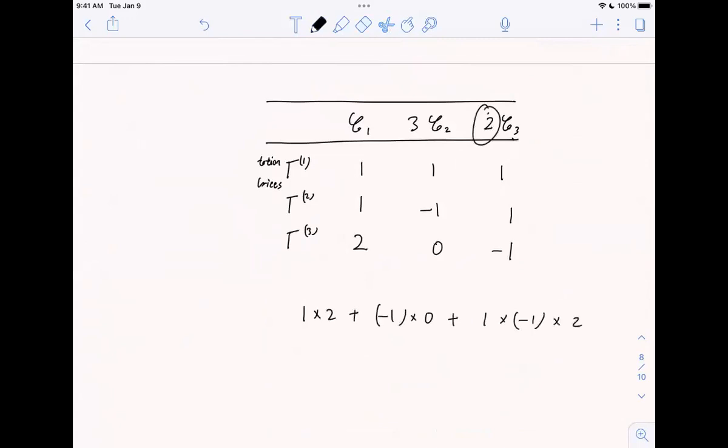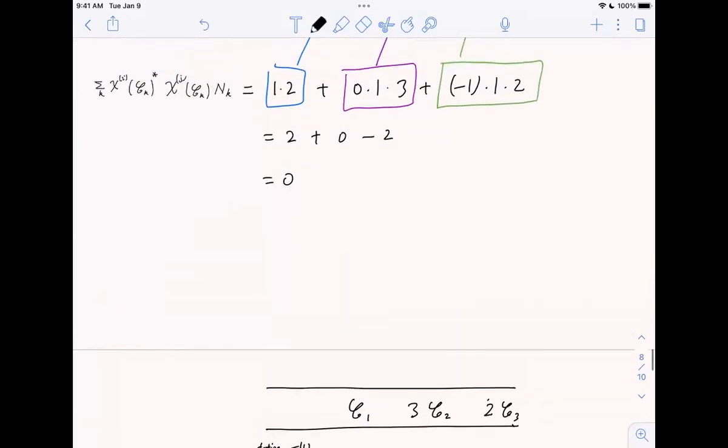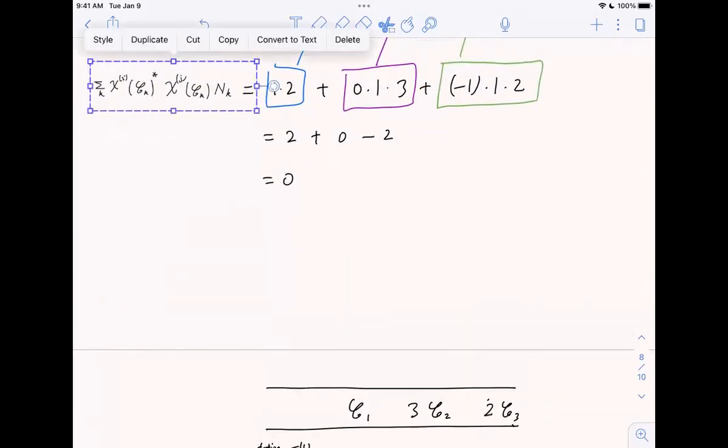You need to remember to multiply by this 3 here. So you have 2 plus 0 minus 2, you get 0. Okay, so let me copy this again.